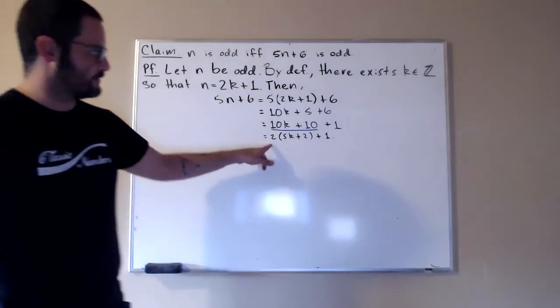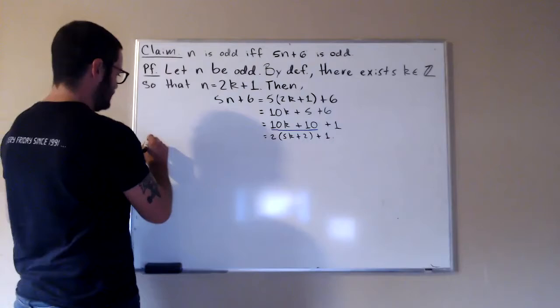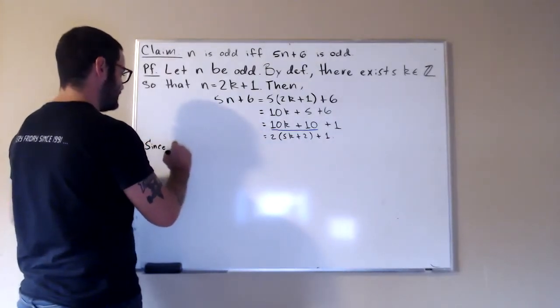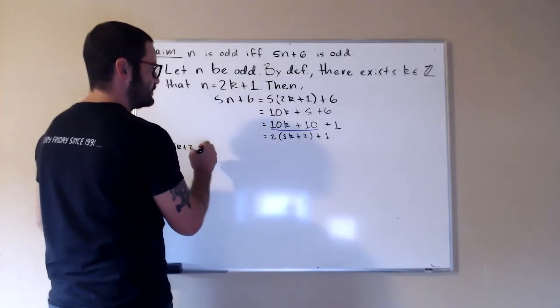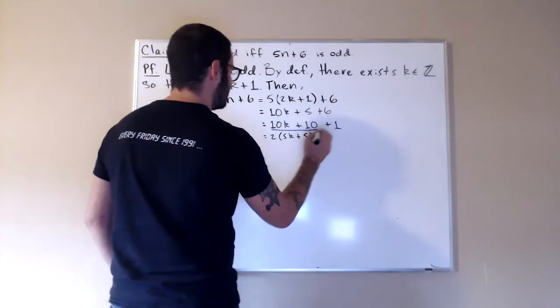Now that looks odd, 2 times an integer plus 1. So now we just need to say that. Since 5k plus 5, oh, wait a minute, that should be a 5. Okay.